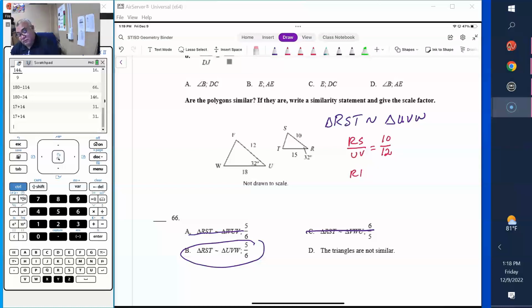R to T is the same thing as U to W. So RT is 12. No, RT is 15, I'm sorry. 15 to 18, right? We're going to divide both by 2, so you have 5 over 6. And here you divide by 3, so it's 5 over 6. So they are similar, and the scale factor is 5 over 6. So that's correct.